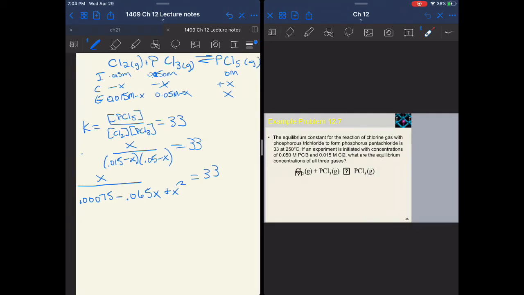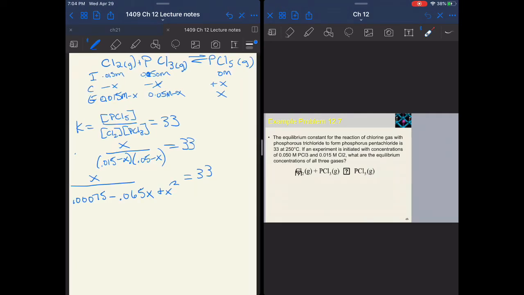Now, we need to rearrange things because to solve using the quadratic, we don't want this fraction, and we want one side to be equal to 0. So we're going to have x equals 0.02475 minus 2.145x plus 33x squared. We're going to redistribute that x so that we have 0 on this side.